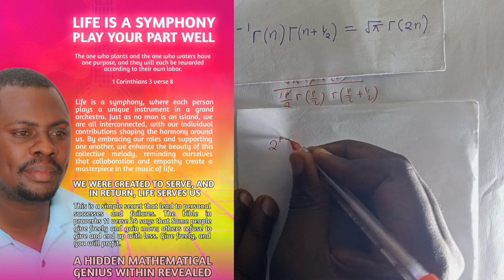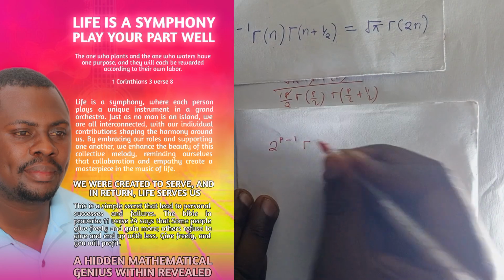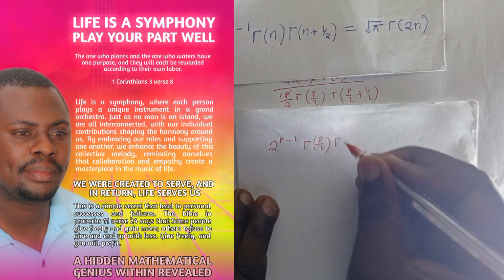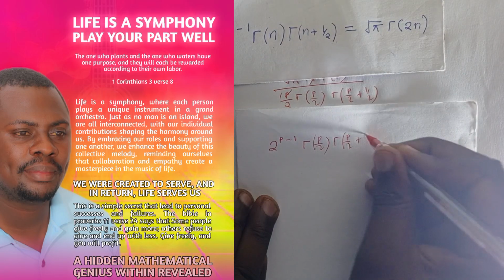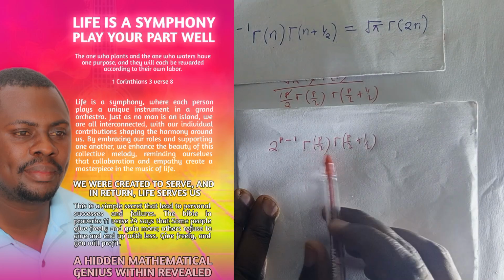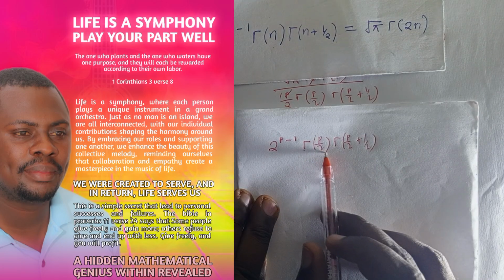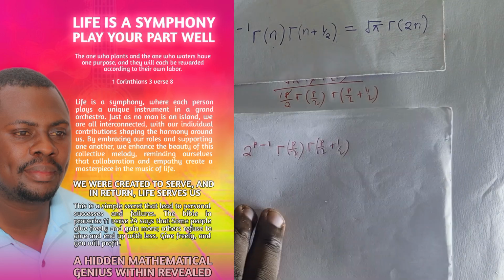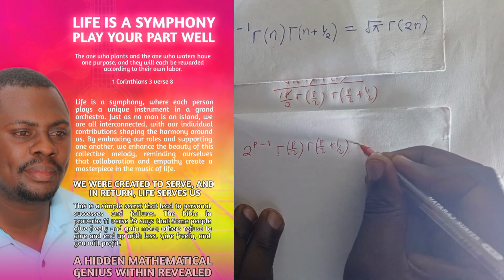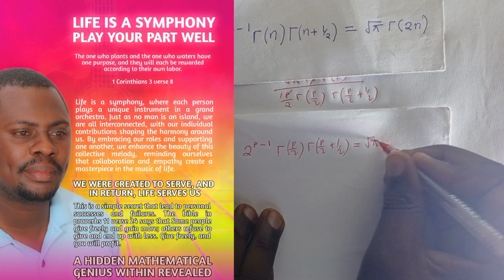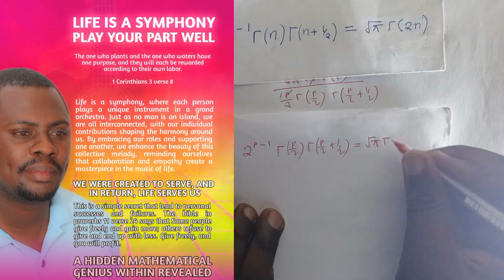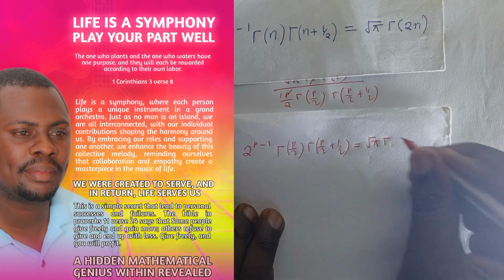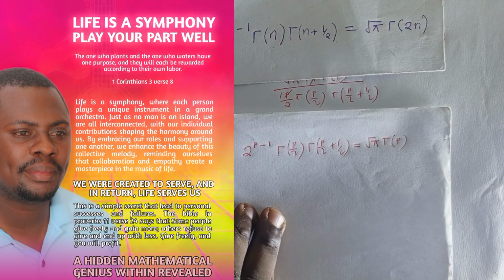So we have p minus 1, and gamma of n is p over 2. Again, n is p over 2 plus 1 over 2. So we can see that we have gamma of p over 2, and gamma of p over 2 plus 1 over 2. Okay, so this is working. So is equal to square root of pi gamma of n is p over 2. So 2 multiplied by p over 2, you remain with p.